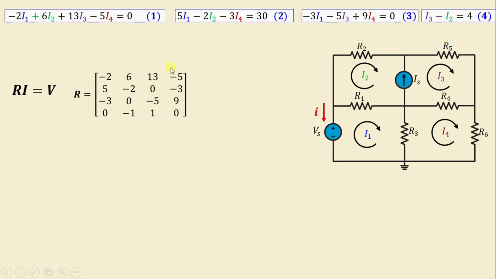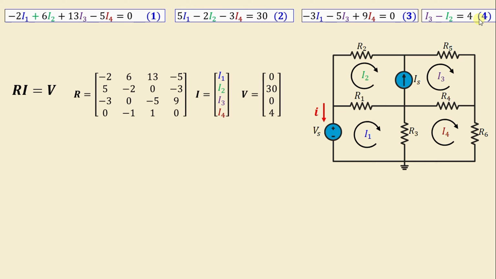And the last column are the coefficients multiplying I4 in the first equation, second equation, third equation, and fourth equation. I present the vector of the unknown mesh currents I1, I2, I3, and I4, and the vector V is given by 0, 30, 0, and 4.